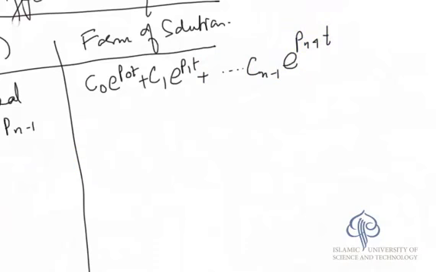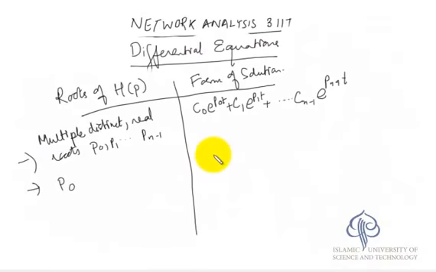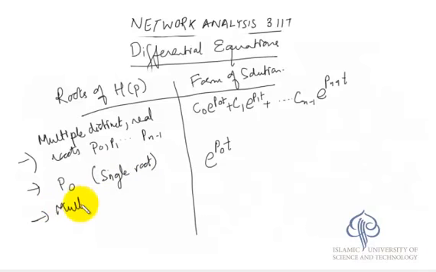If you have a single root p0, the solution is just going to be e to the power p0t. This is a single root. If you have multiple roots, they have multiplicity, but they are the same in the sense that they have a multiplicity k.